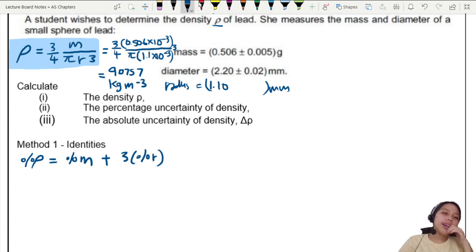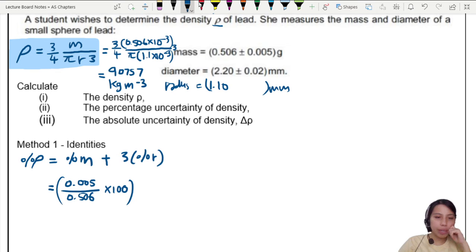So we can say, all right, we can plug these together. Percentage uncertainty in the mass is going to be, how to find, 0.005 over 0.506 times 100. Yeah, put bracket. Okay, put bracket. Plus 3 times percentage uncertainty in radius. Ooh, how do we find that?